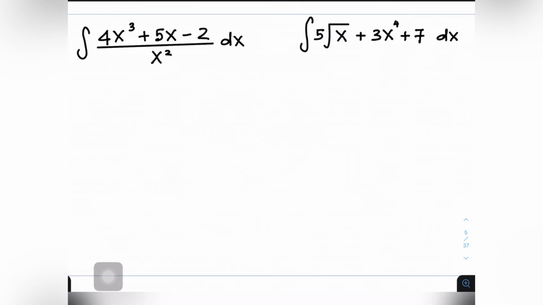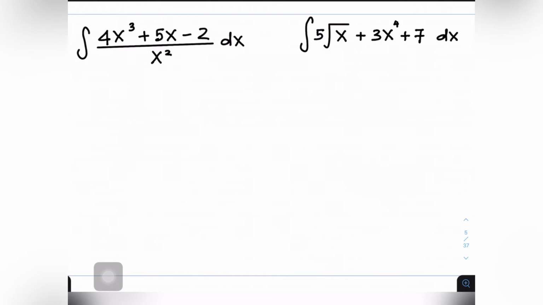We want to integrate 4x to the power of 3 plus 5x minus 2, all divided by x squared, with respect to x. You cannot integrate when you have a fraction, so you need to solve the fraction first. Because all terms share the same denominator, you can give each of them the same denominator.